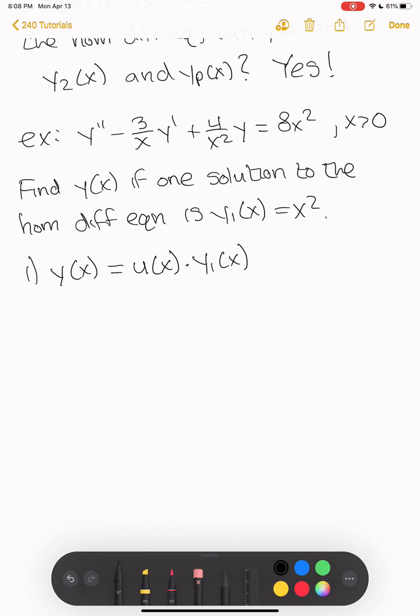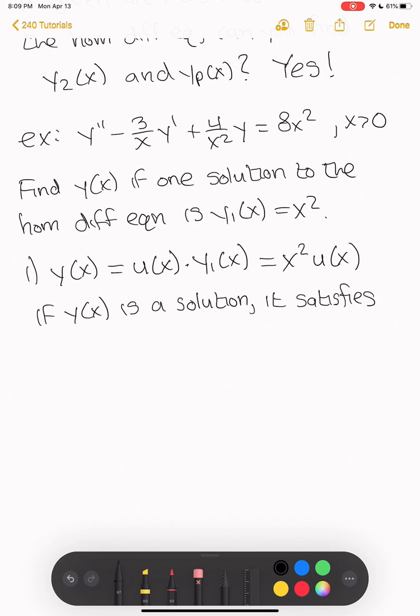So we're going to assume that our solution y is some function times the one solution they gave us. So this will just be x squared times u of x. And so if y of x is indeed a solution, remember we're trying to find that it's a solution, then I can plug it into my differential equation.